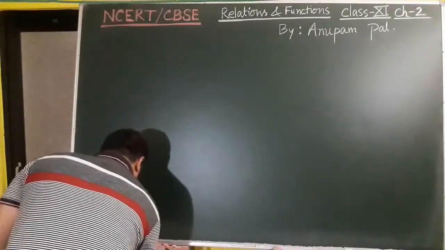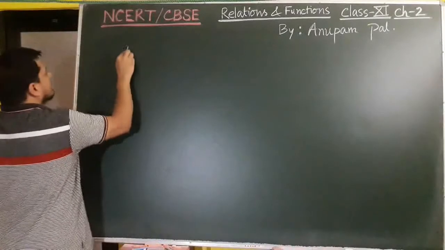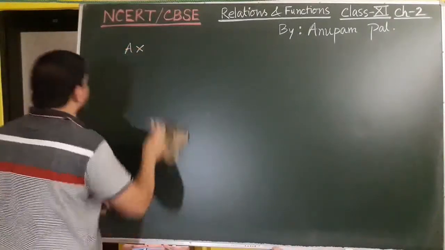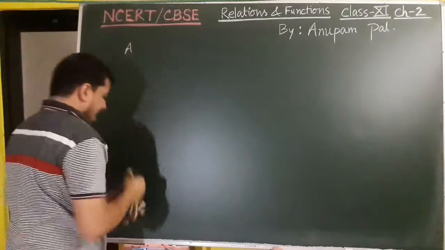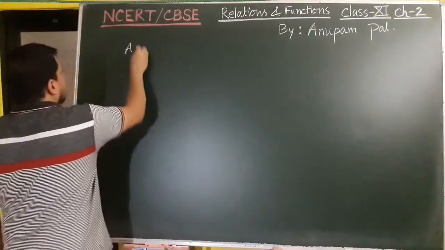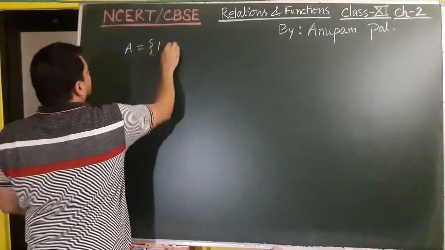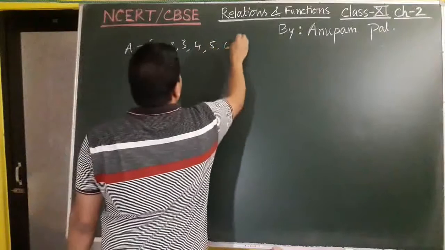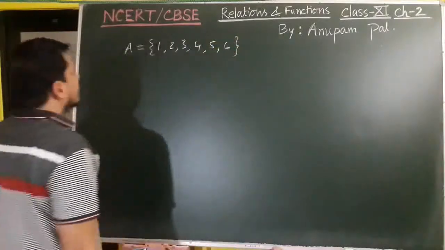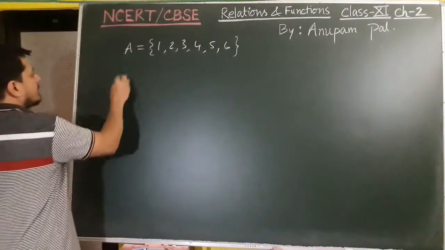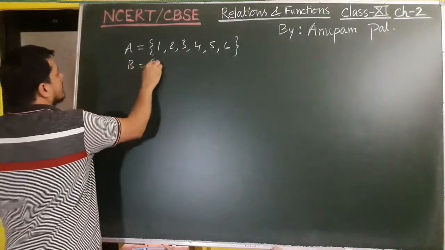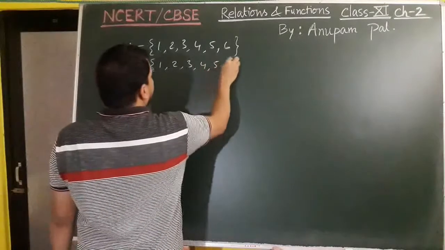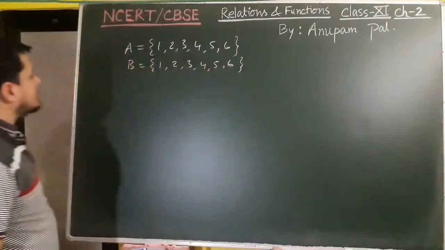What I have shown you is A cross B, where A is equal to {1, 2, 3, 4, 5, 6}, and B is {1, 2, 3, 4, 5, 6}. So this I have shown you.